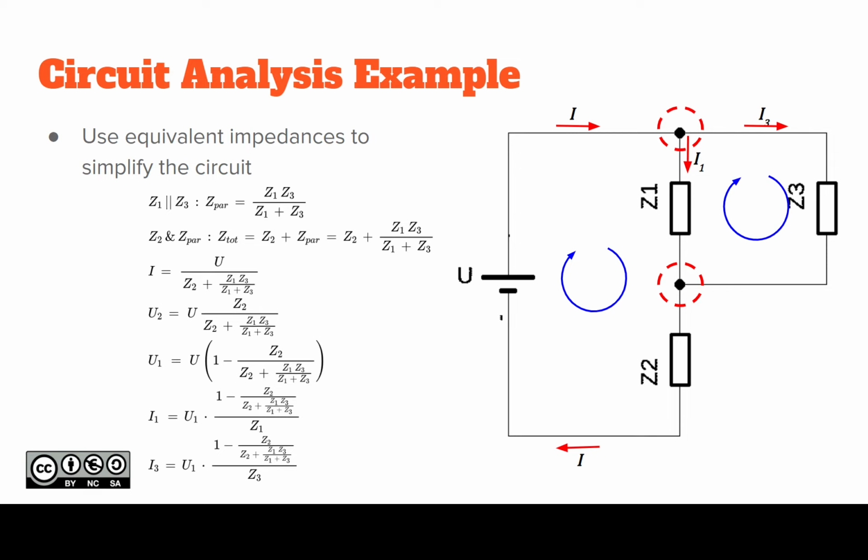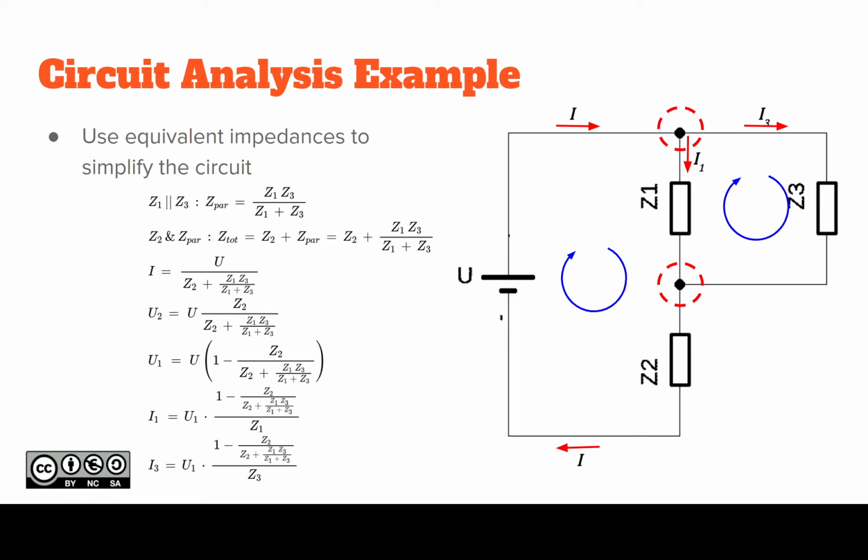So this is just to show you that we have done it with the resistance in exactly the same way. If I put this next to our resistor example, it's exactly the same. Only the impedances change from R to Z. And this is a very generic form.